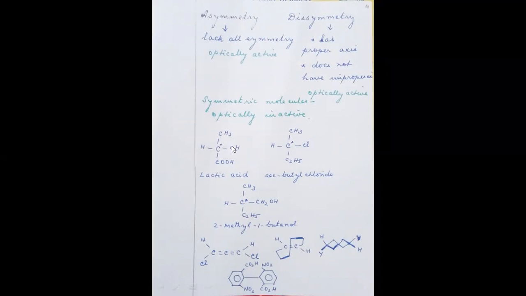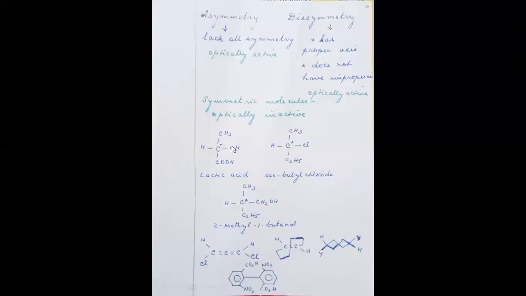Suppose if you take two enantiomers, the enantiomers do not differ in physical characteristics or in chemical characteristics, but if you pass a plane polarized light through the enantiomers, one enantiomer will turn the plane of a plane polarized light towards right, and the other one will turn it towards left.